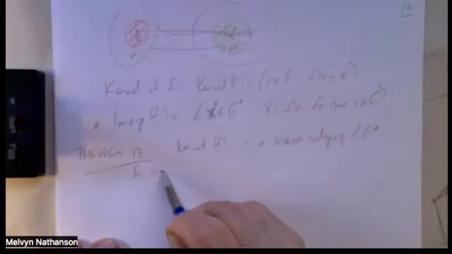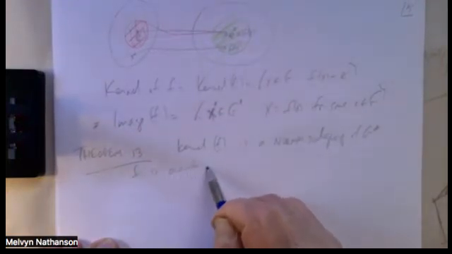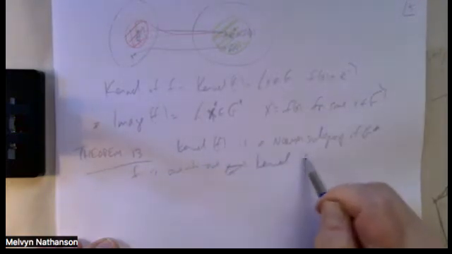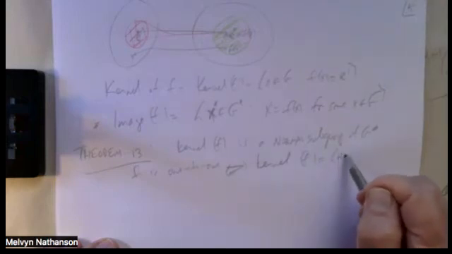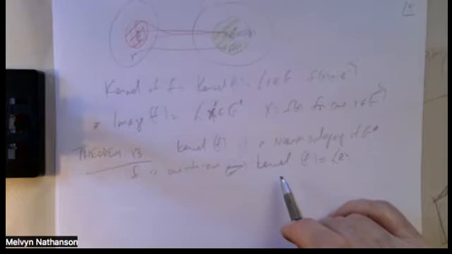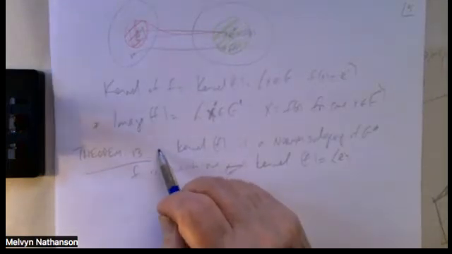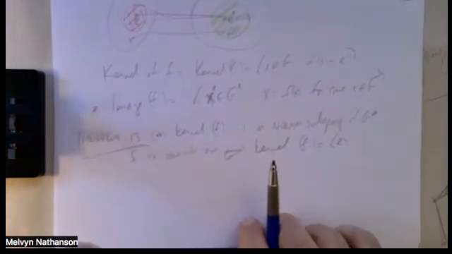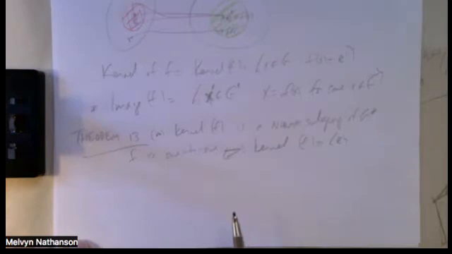And F is 1-to-1 if and only if the kernel of F consists of just one element, the identity. So theorem 13 in the notes has different parts. This is part 3. I don't have to prove them all. Let me prove them in this order. Why is this true? Proof.